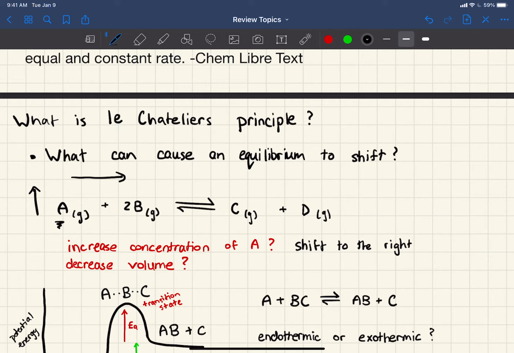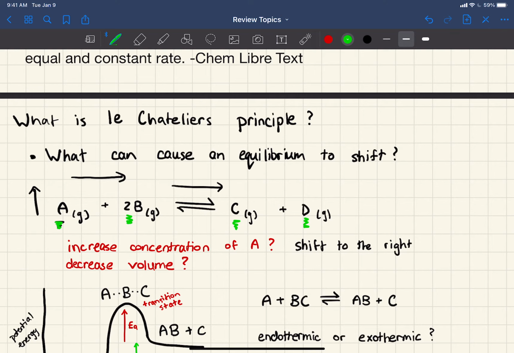Okay, so if we decrease the volume of our system, we will actually be increasing the pressure within the system, right? And so to combat that increase in pressure, the system will actually shift to the right because we see that we have 2 moles of gas. Here, I'll use a different color just to really emphasize it. We have 1 and 2 moles of gas on the right, but we have 1, 2, 3 moles on the left.